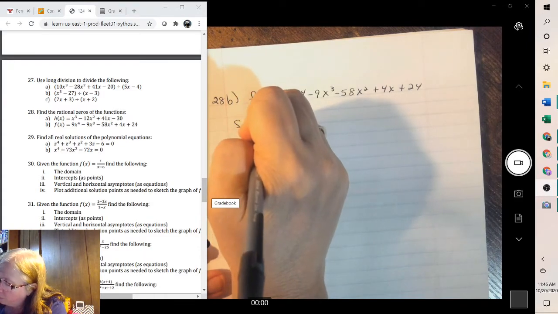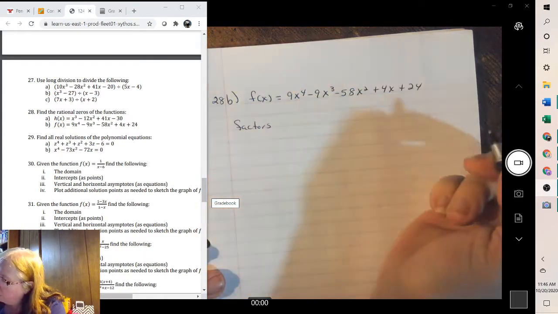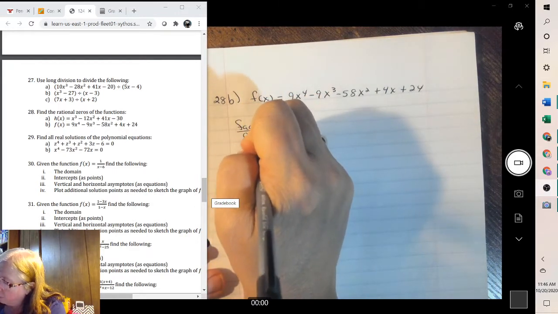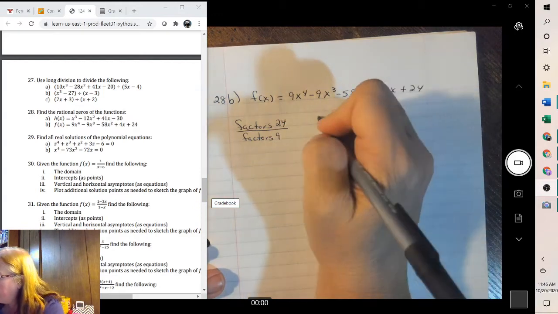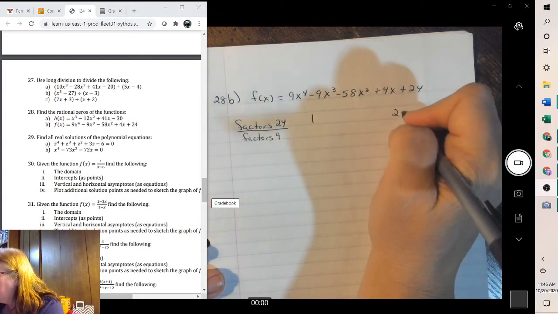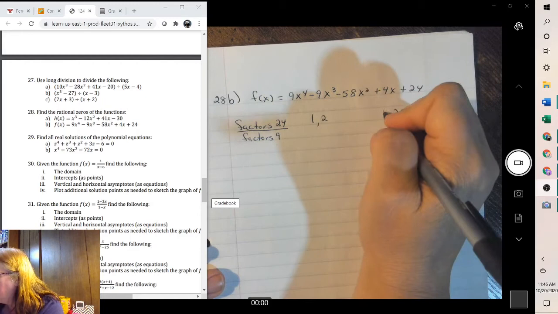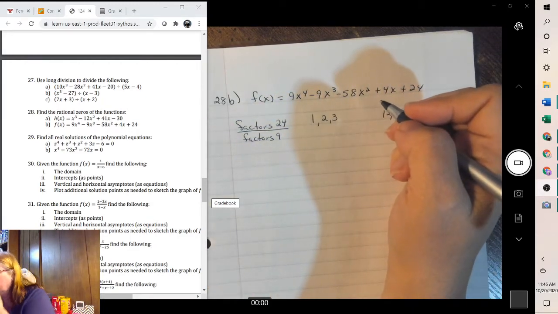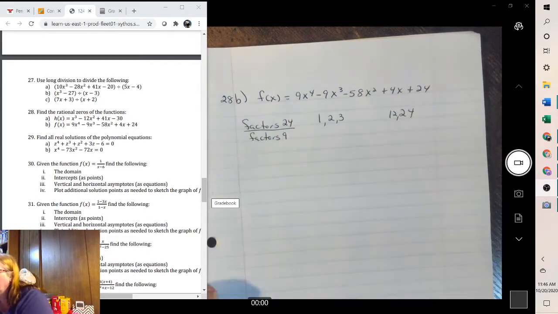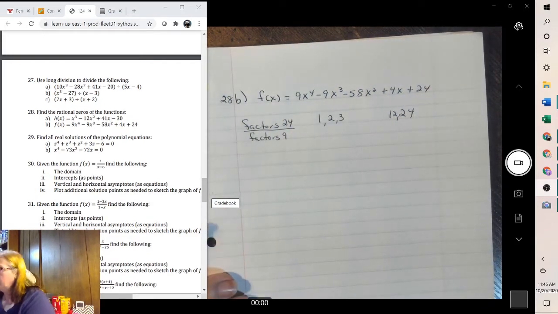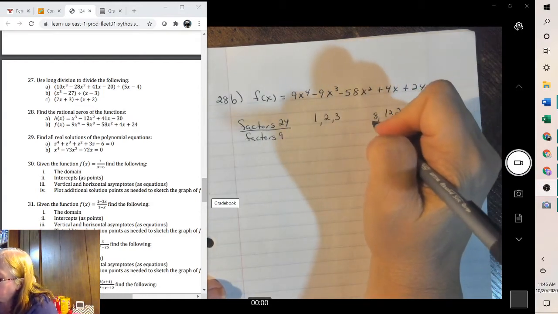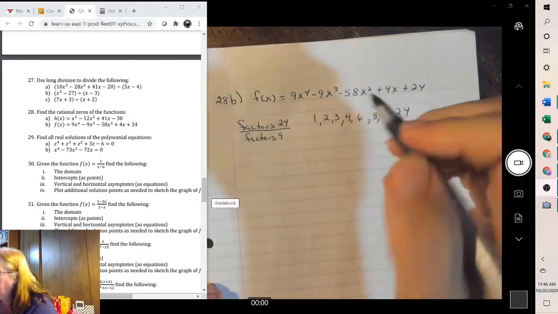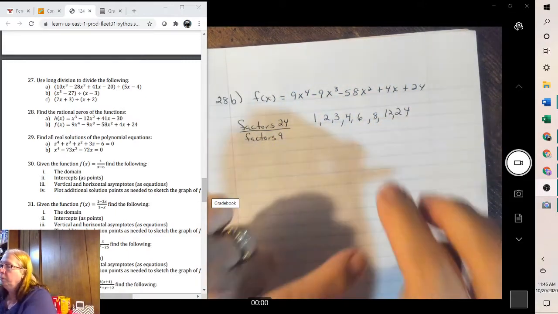So to find the possible factors, it's the factors of 24 divided by the factors of 9. 24 is 1 and 24, 2 and 12, 3 times 8, 4 times 6, and that's all of them. Once you hit the middle, you know you found them all if you work inward.